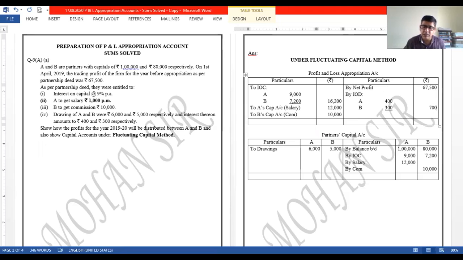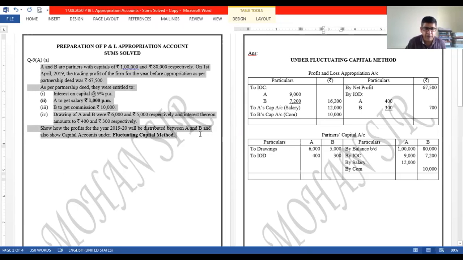Now interest on drawings is an adjustment, so it has to come to the debit of partners' capital account. Let us write over here, to interest on drawings, and the amounts are 400 and 300. So almost we are done with the sum, and all the adjustments have been taken care of.